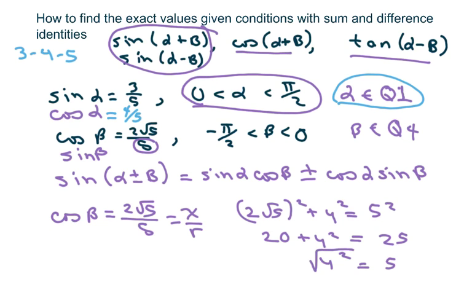You square root it, you get plus or minus. We have to take the minus. So our y is going to be minus square root of 5. And our r is 5. So sine of beta is negative square root of 5 over 5.